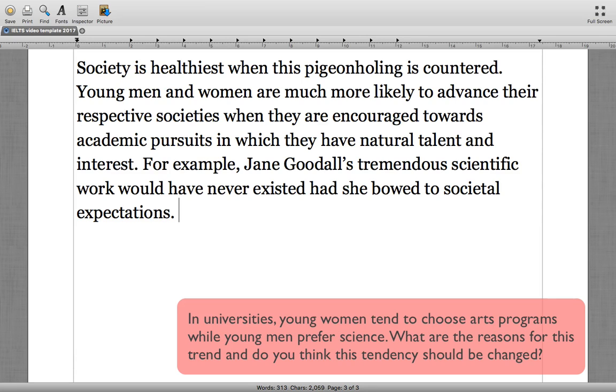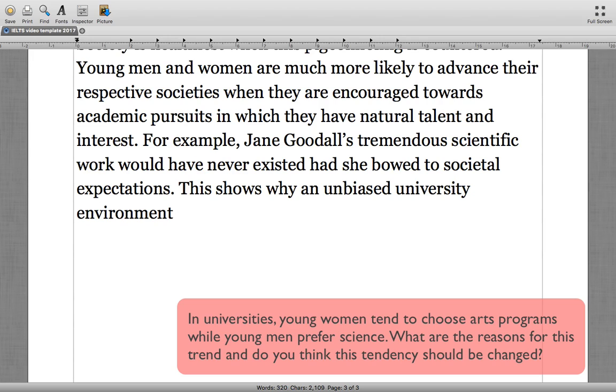Okay. And then again, we want to wrap up everything in this paragraph with a label explaining what has been shown here. So this shows why an unbiased university environment should be defended. Okay.